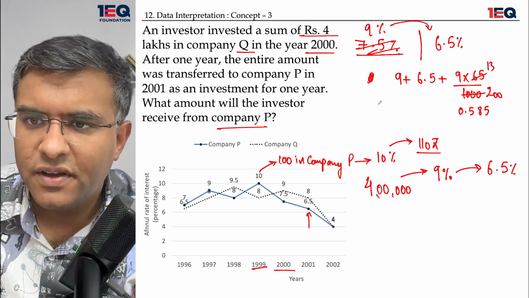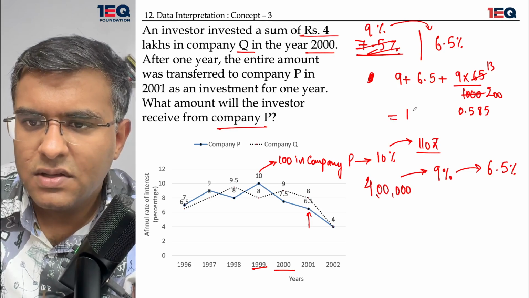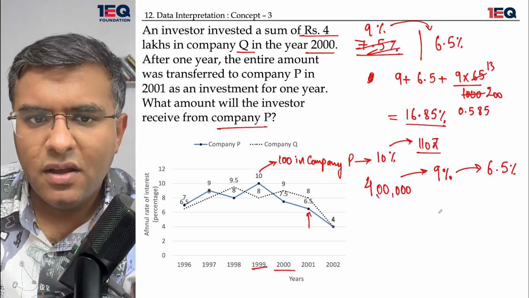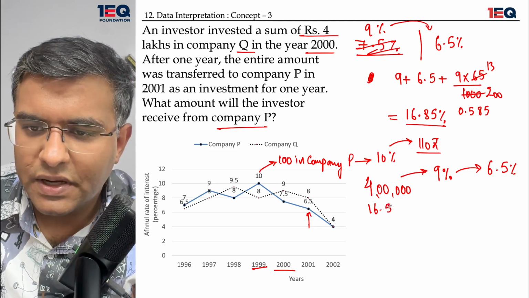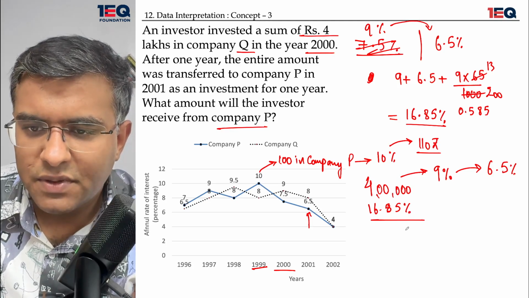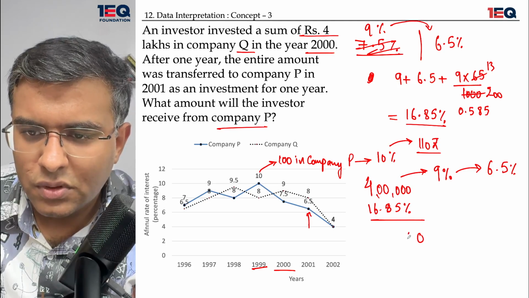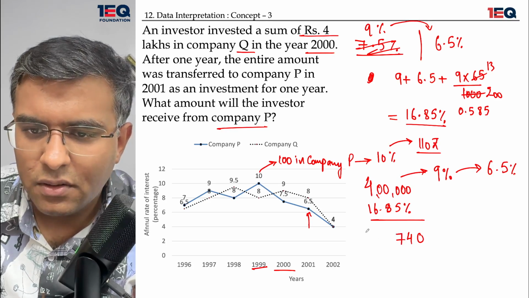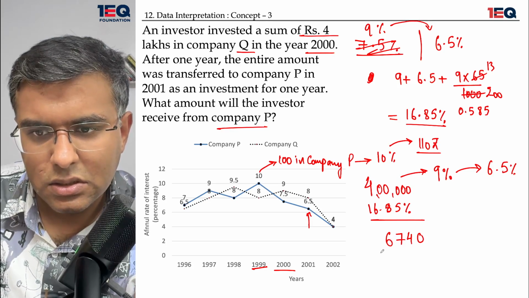58.5 would give me 0.585. This means 9 plus 6.5 is 15.5, plus 0.585, so around 16.085% would be my output. So I'll multiply this 16.85% into 4 lakh, which would give me the answer: 4 5s are 20, 4 8s are 32, 34, 4 6s are 24 and 3 is 27, 4 1s are 4 and 2 is 6.